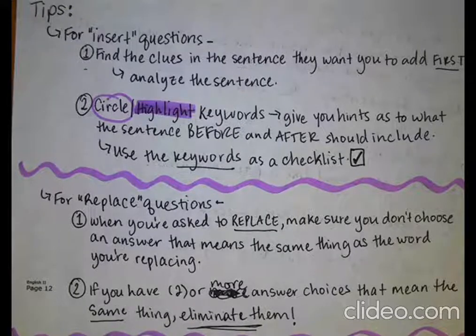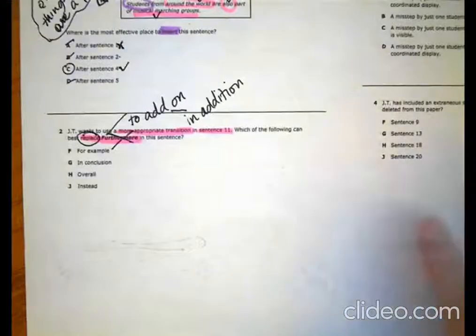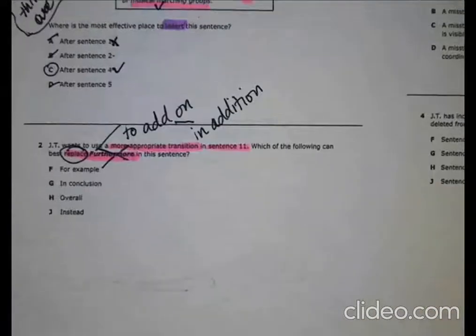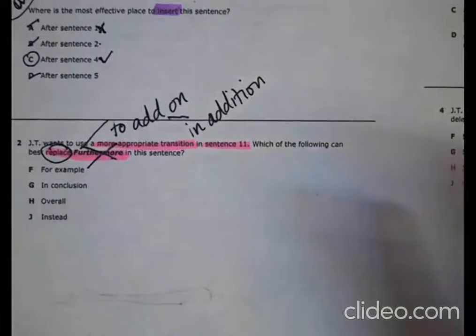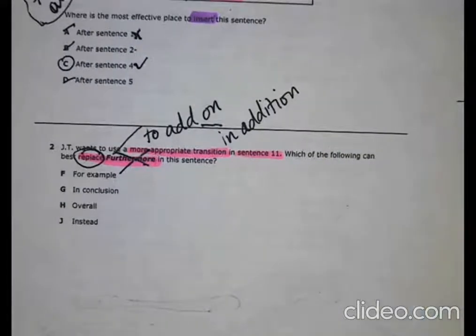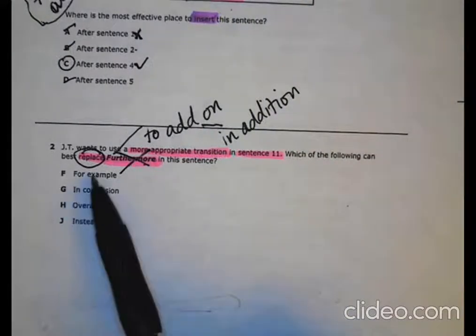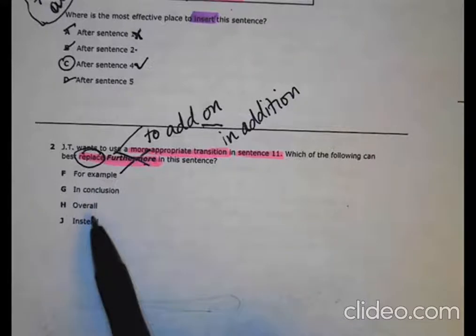So now, let's take a look at the question a little closer. Here we go. All right. Can you see that? Yes. So here, let's think about what these transitions mean.